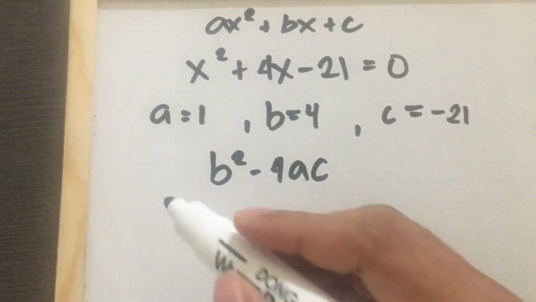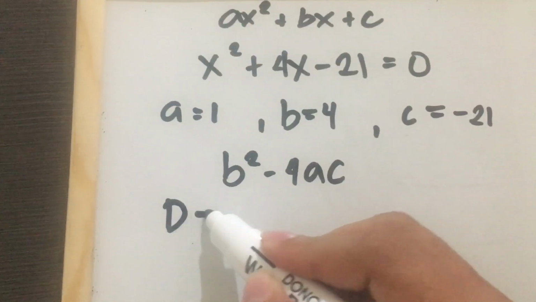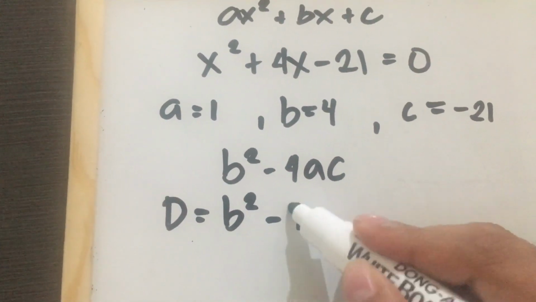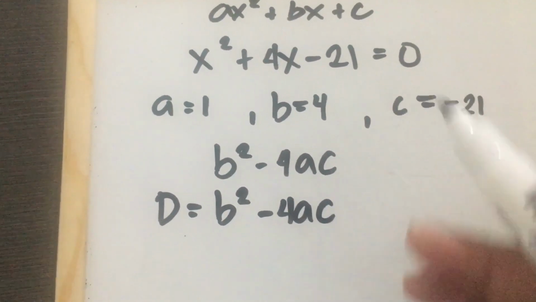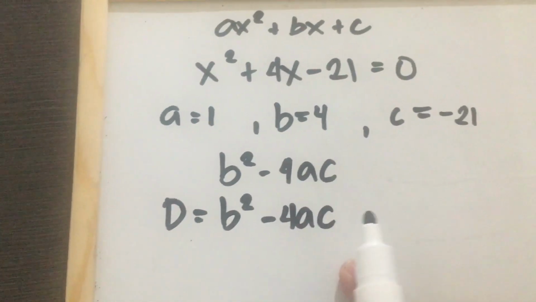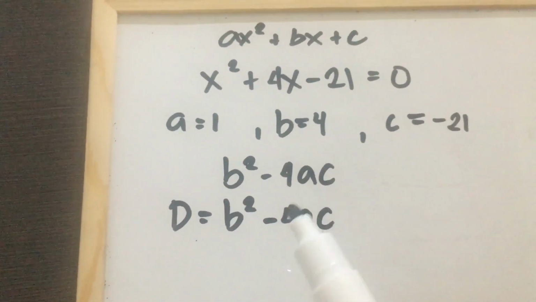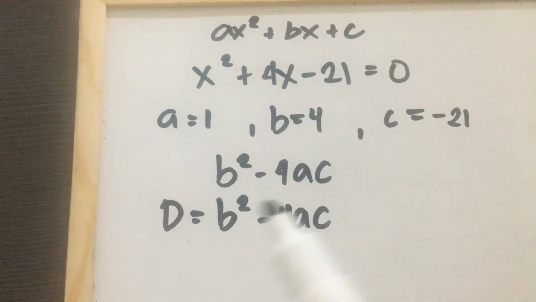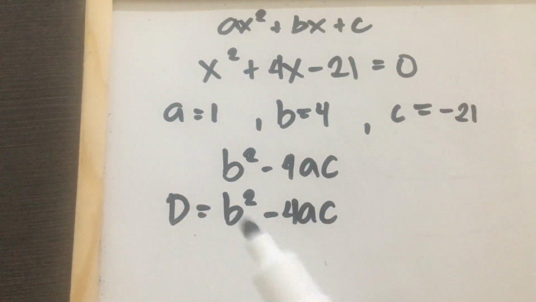So we let the discriminant D equal b squared minus 4ac. Again, to find the discriminant, this will be our formula.